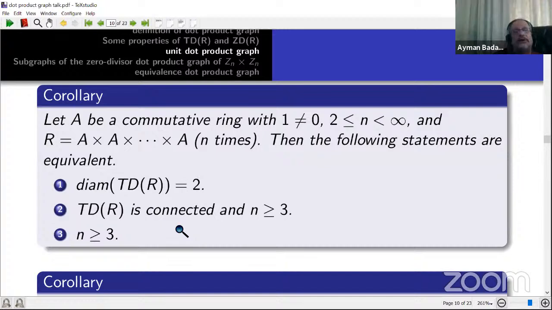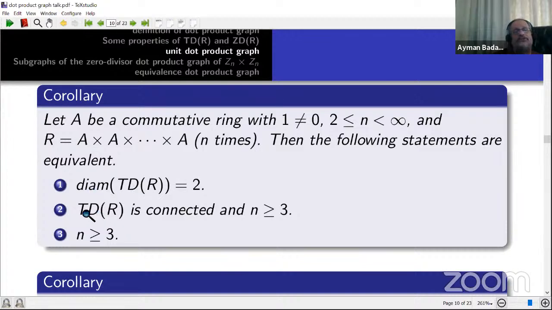All right, here is another connection between the structure of the ring A and R, where A is your ring and R is the copies of A n times.